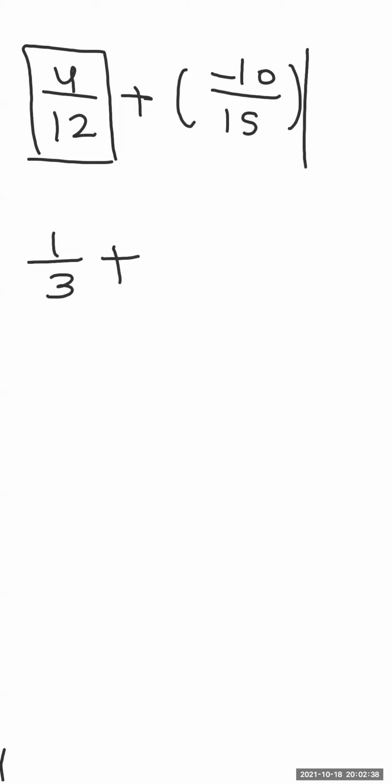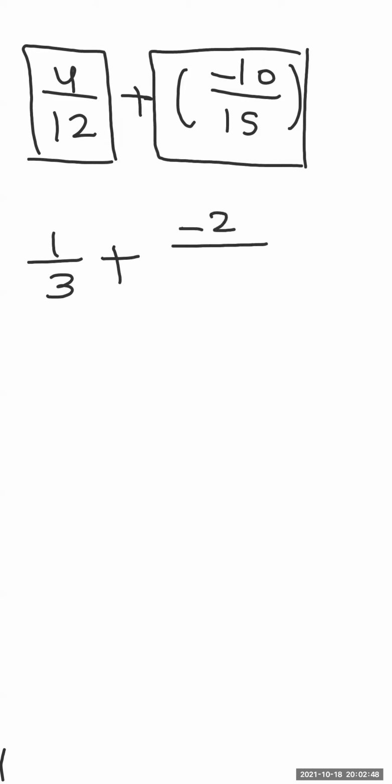This term also I can simplify by dividing the two numbers by 5. Negative 10 divided by 5 is negative 2, over 15 divided by 5 equals 3. So now the two denominators are the same. So it will equal 1 plus negative 2, so negative 1 over 3.